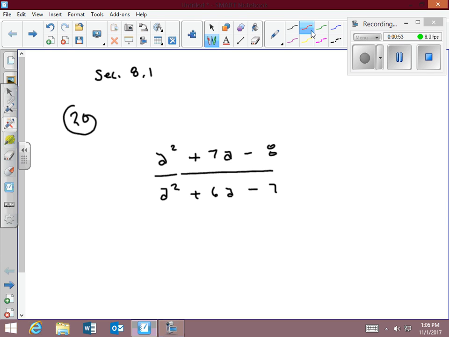Now, is it okay if I just work above and below when I factor, so I don't have to rewrite? So what we want to do is factor the numerator. And notice there's no common factor. Trinomial, it's not a special case. And therefore, if it factors, it's going to factor as a pair of binomials.